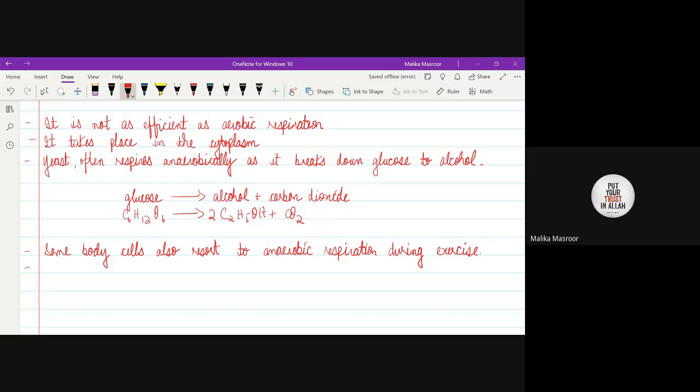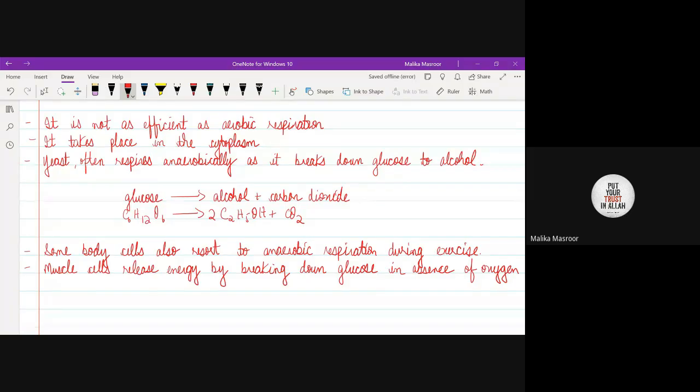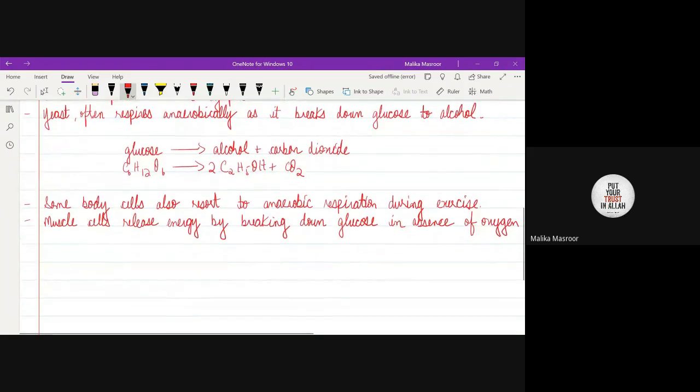So muscle cells release some energy from glucose without using oxygen, in absence of oxygen. The equation is glucose is broken down into lactic acid.